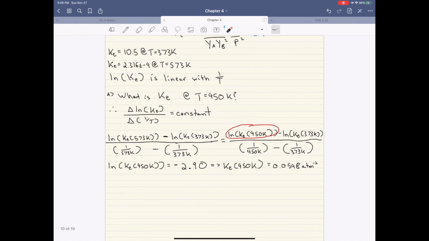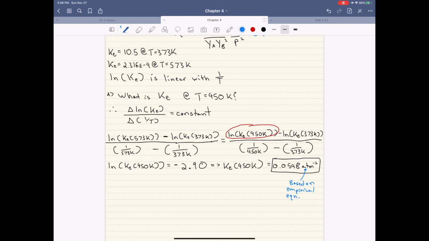So I'll just write here, based on empirical equation.